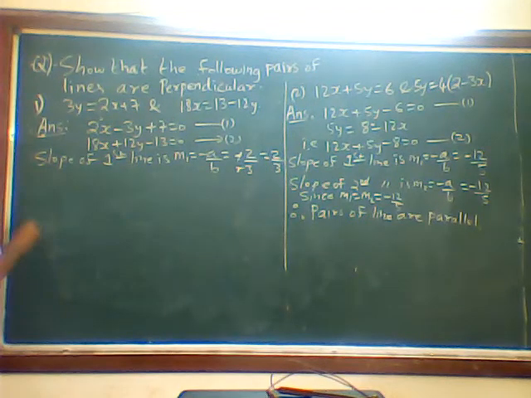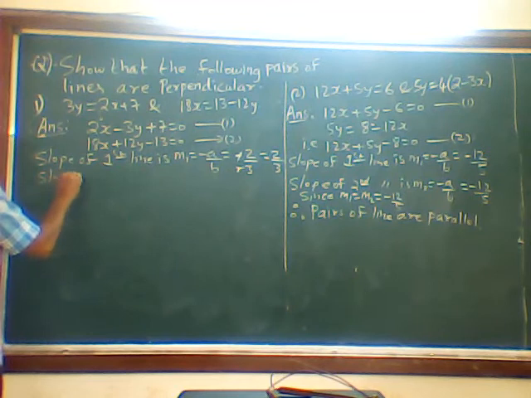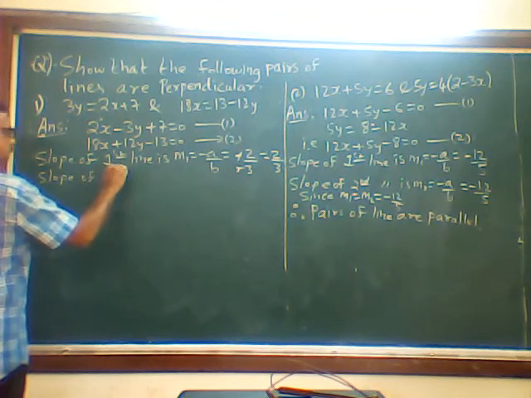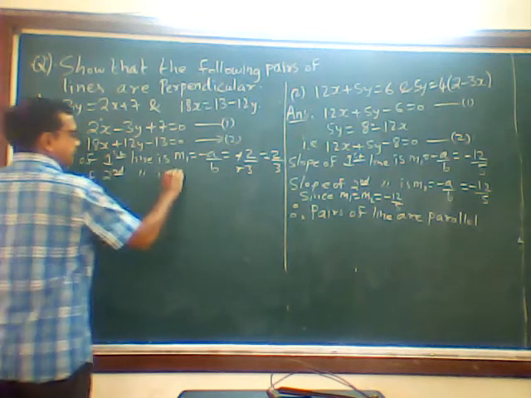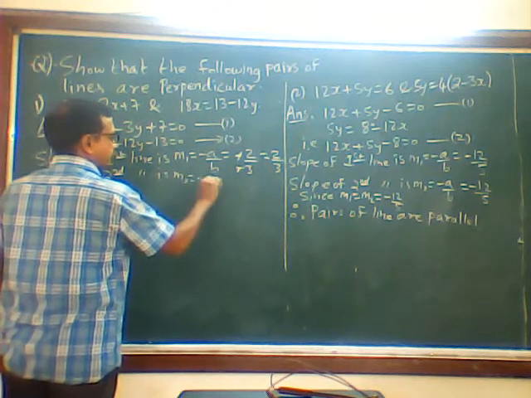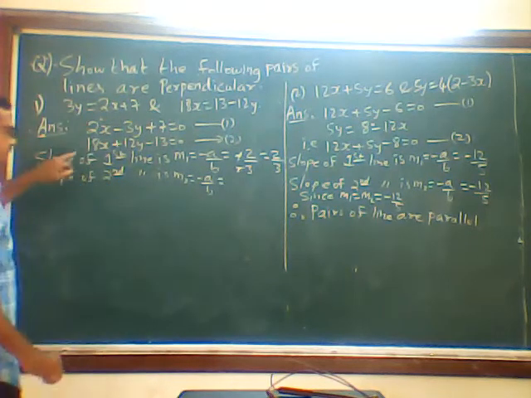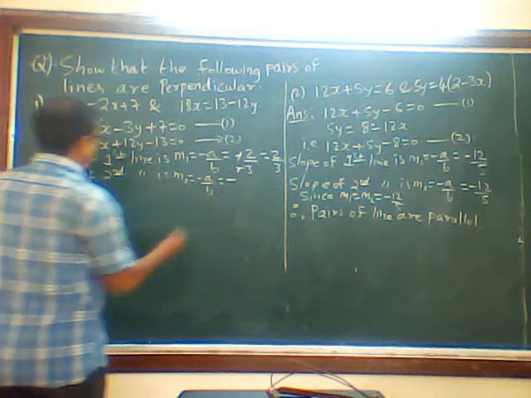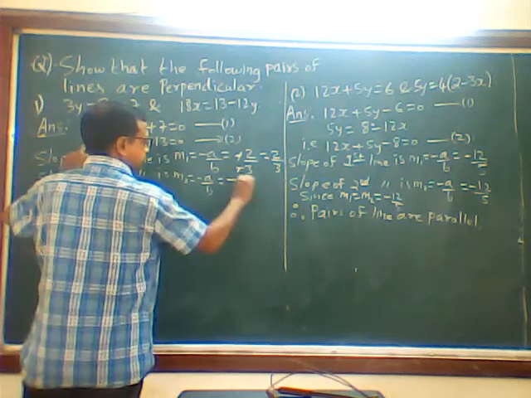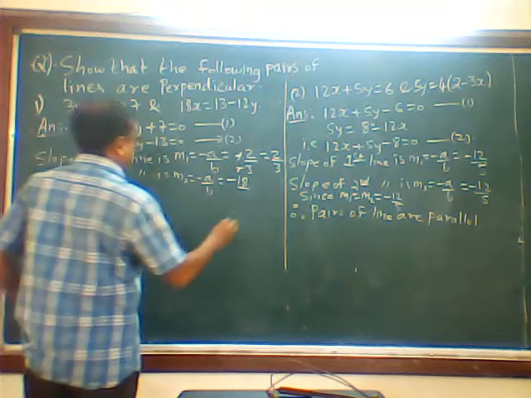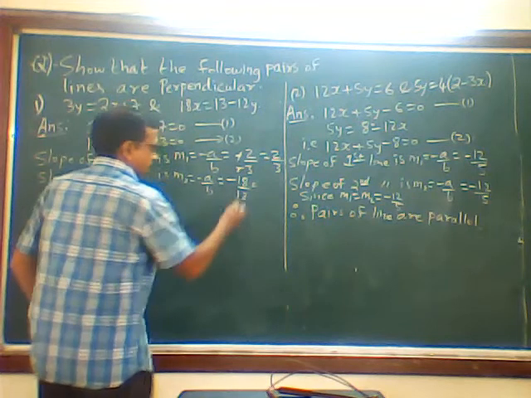Next, slope of the second line is m2 is equal to minus a upon b. Minus sign, and then what is a here? 18 divided by 12. What will happen?